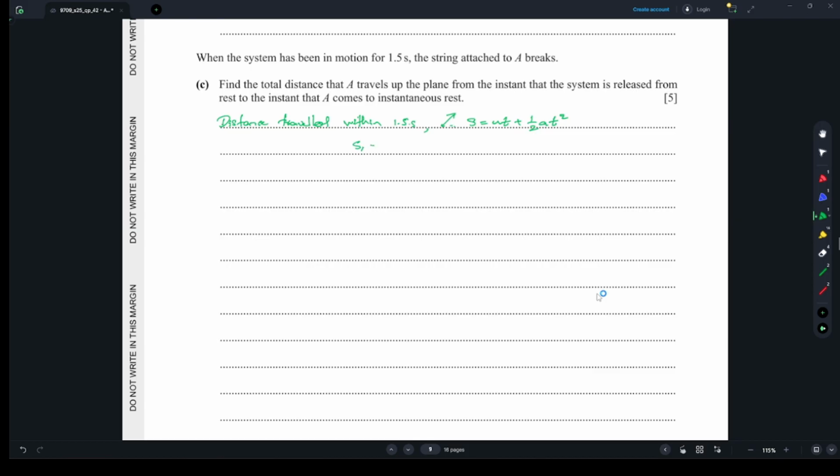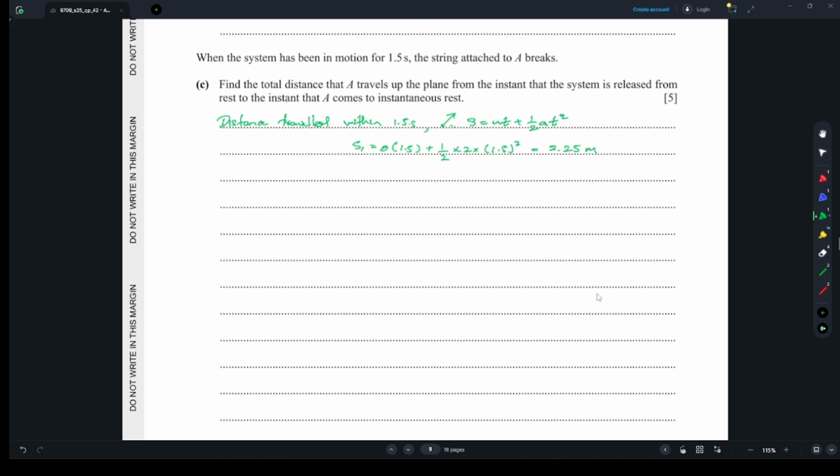Let's consider that one S1. Initial is 0, times 1.5, plus half, acceleration is 2, and 1.5 squared. So when you take this, you will receive the answer 2.25 meters.